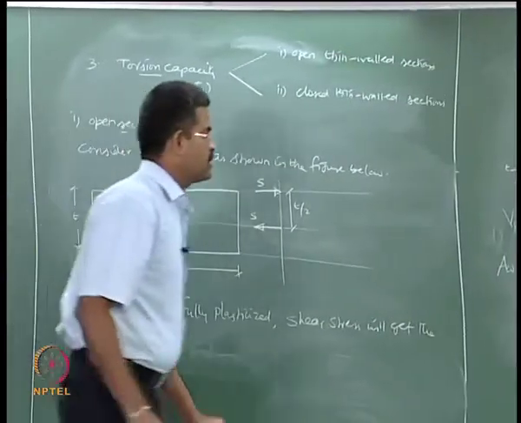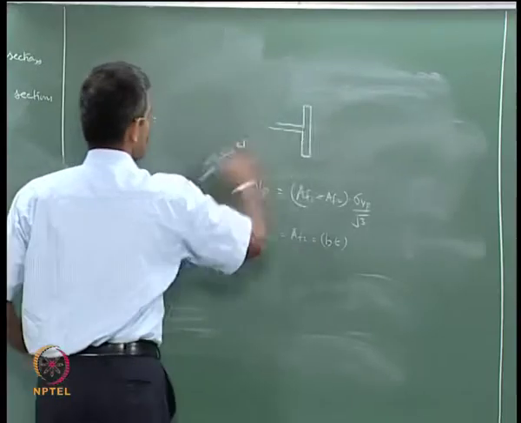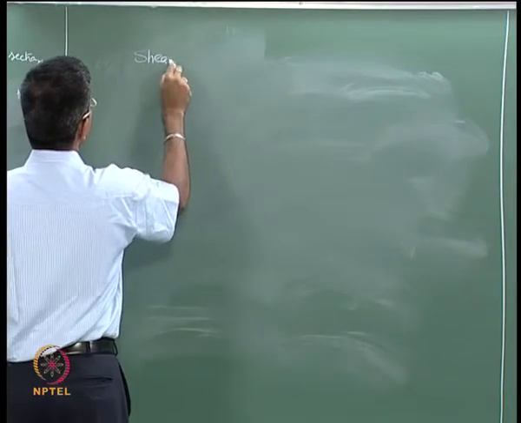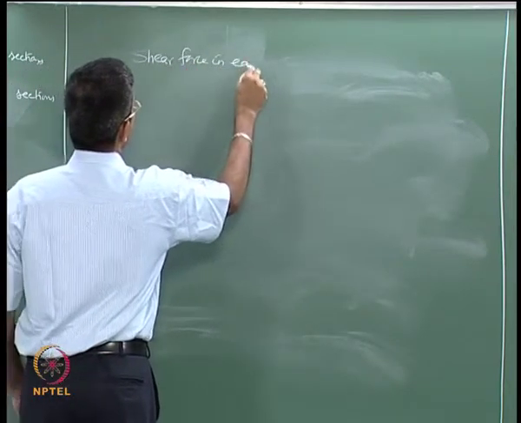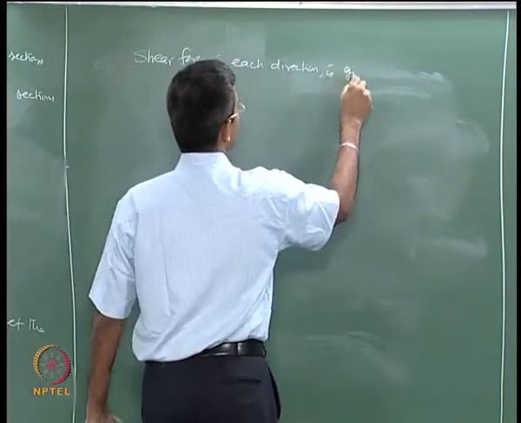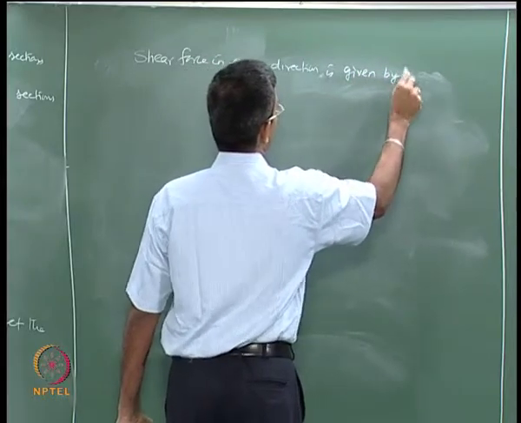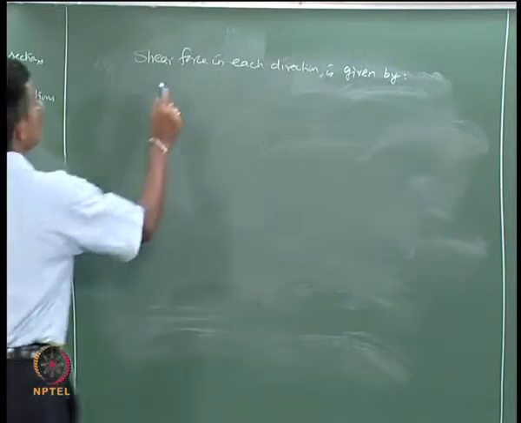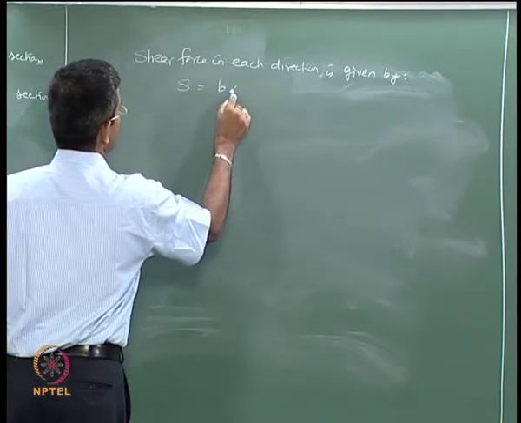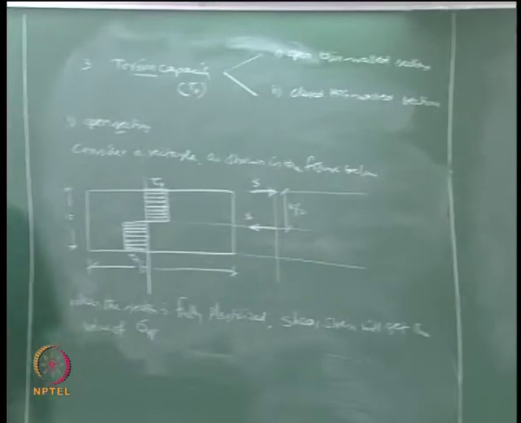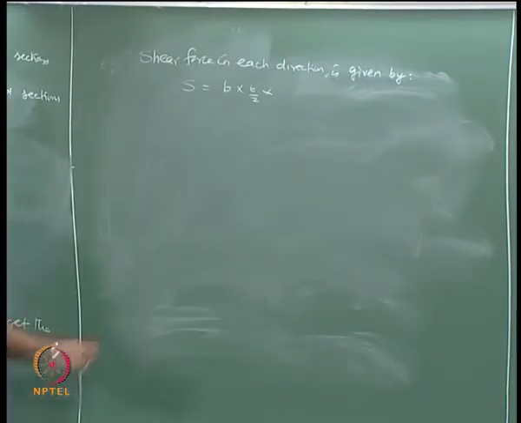So, let us say the shear force in each direction is given by S equal to B into T by 2, that is the area, and the stress of course I am writing here as tau y.